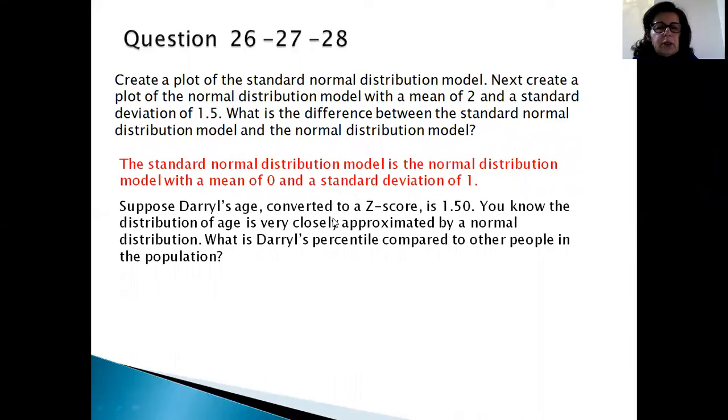Suppose Daryl's age converted to a z-score is 1.5. You know the distribution of age is very closely approximated by a normal distribution. What is Daryl's percentile compared to other people in the population?